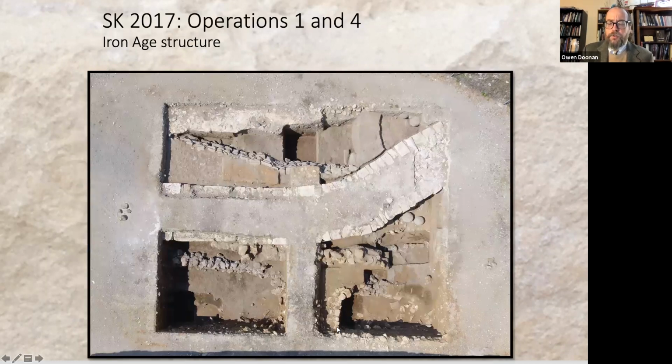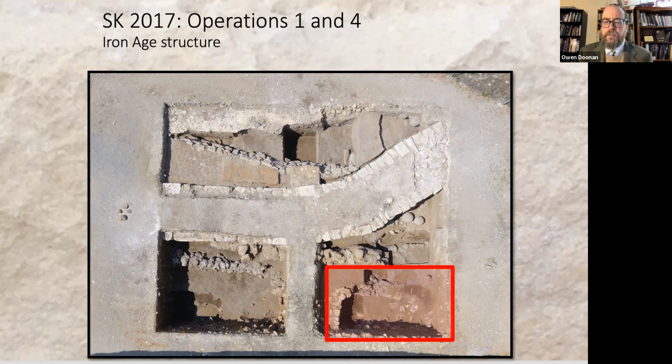Now, in addition to the material finds, there was one structure which was very fragmentary. We're not exactly sure whether the phasing will go more towards the Iron Age or towards the colonial or early colonial phase.